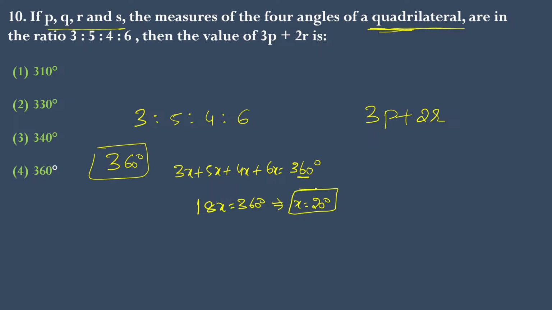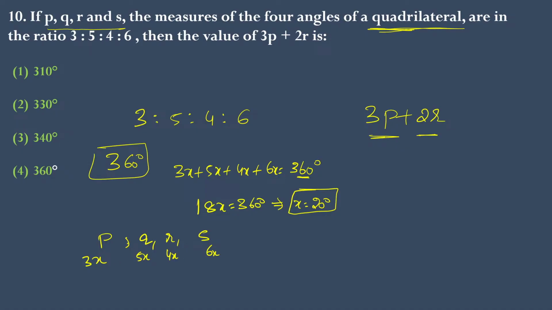What we need to find is 3P plus 2R. P is equal to 3x, Q is equal to 5x, R is equal to 4x, S is equal to 6x.